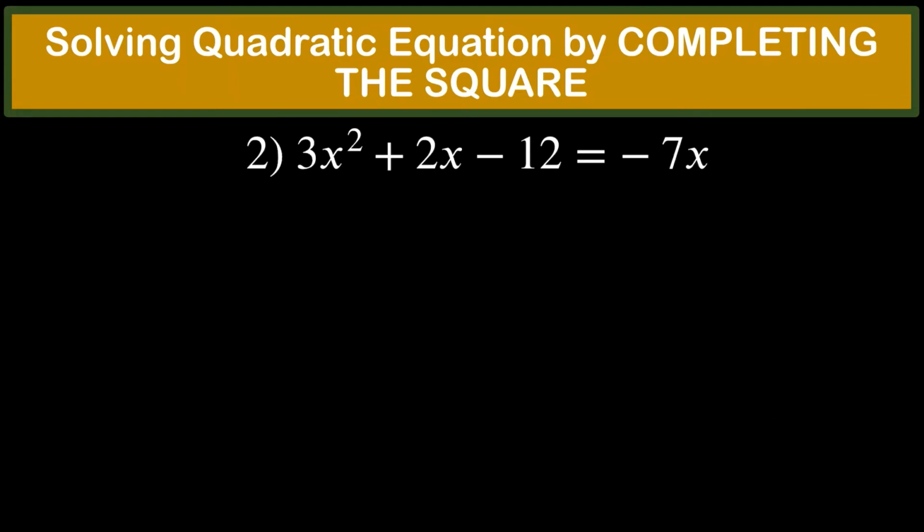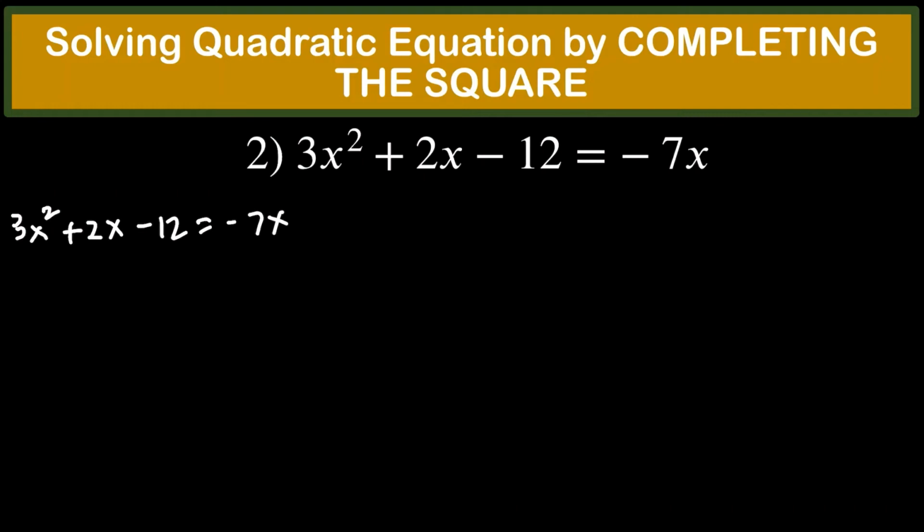Let's have 3x squared plus 2x minus 12 equals -7x. Alright, so let's try to copy the given. So we have 3x squared plus 2x minus 12 equals -7x.